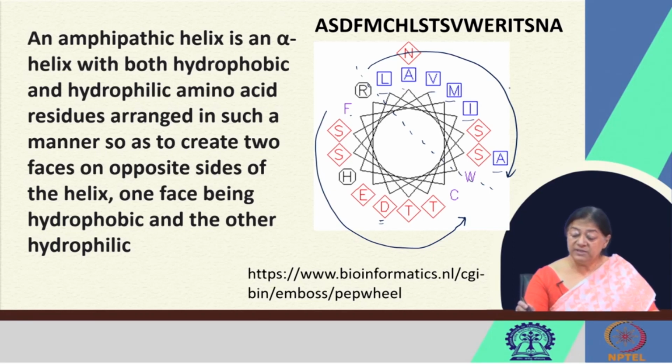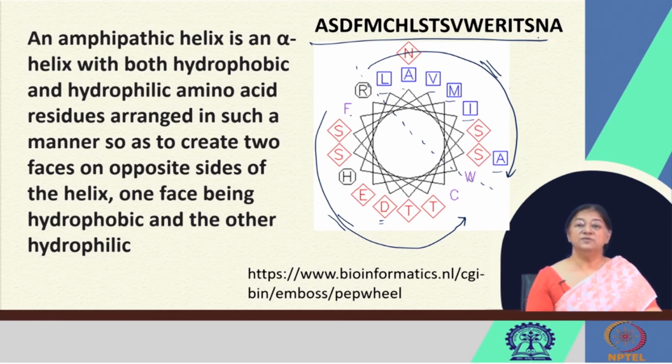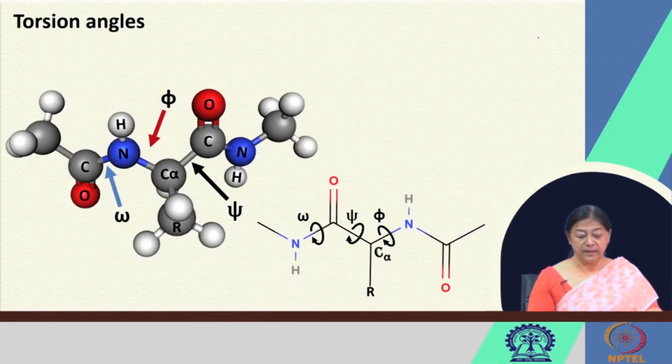We would expect this region to be near the center or near the core of the protein and this region to be on the surface of the protein. So, this is a very interesting way, just from the sequence, to identify which part of the helix is going to be present where in the protein.